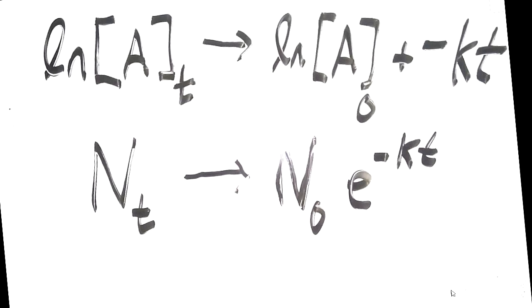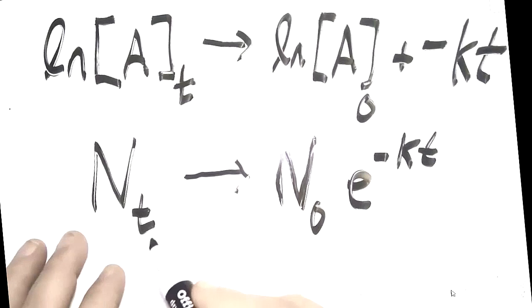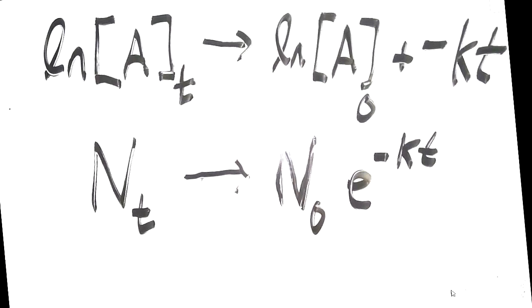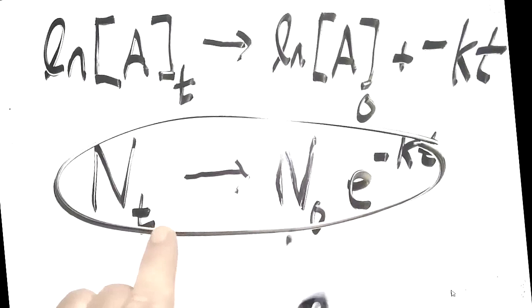Now, of these two equations, which one's easier to use? I don't know. I think it depends on the person. I actually find the second equation easier to use, but you may like the first equation better. But I will tell you one thing for sure. The second equation is definitely the more useful one, because we'll use this one in a lot of different circumstances.